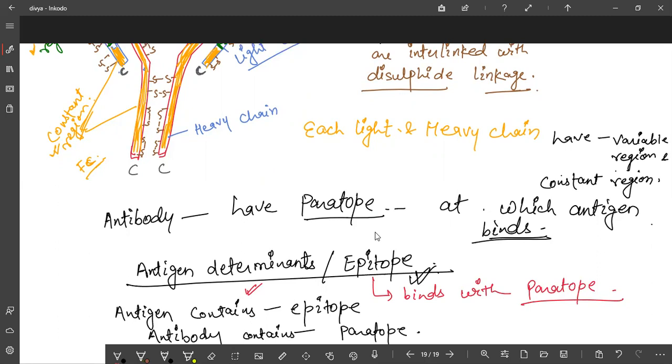And these polypeptide chains are linked with the help of a bond called disulfide linkage. Generally one antibody contains 2 paratopes. The paratopes are the sites present on antibody through which epitopes, or antigen determinants, will bind. So antibody will have paratope and antigen will have epitope. Is it clear to you?